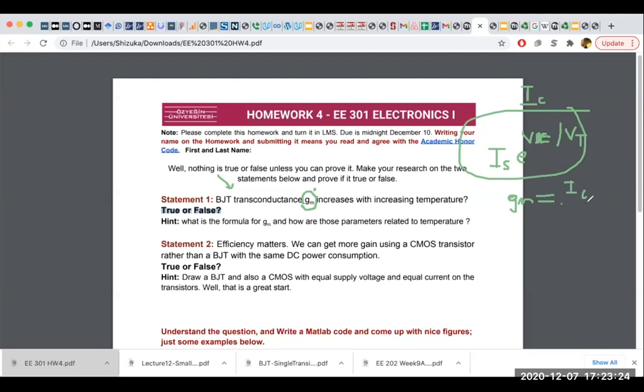Okay. So this bias current, let's say 5 milliamps, and VT is 25 millivolts.